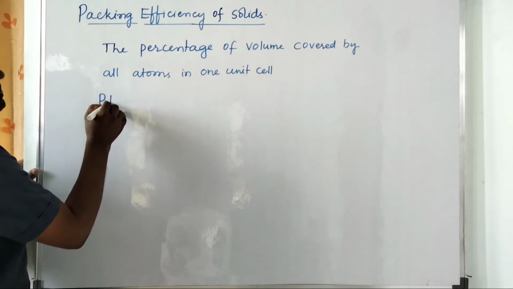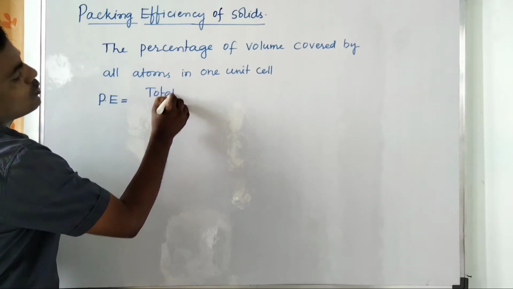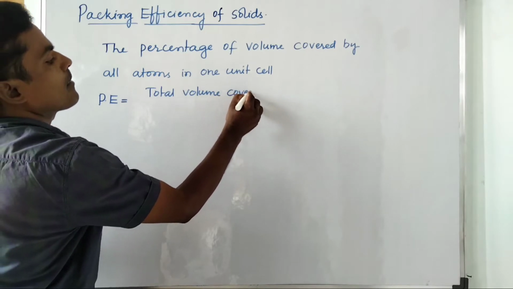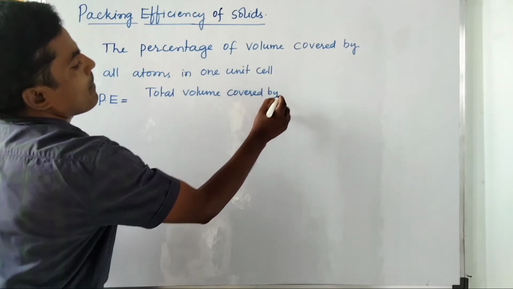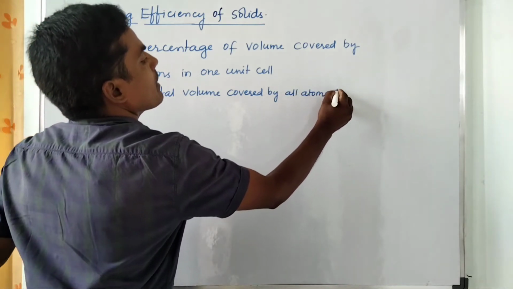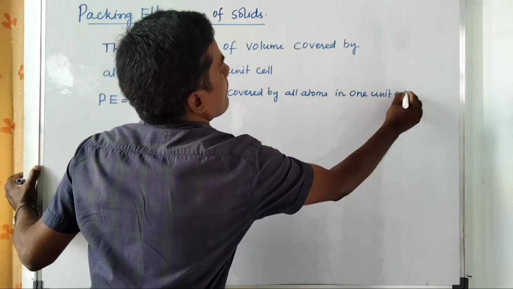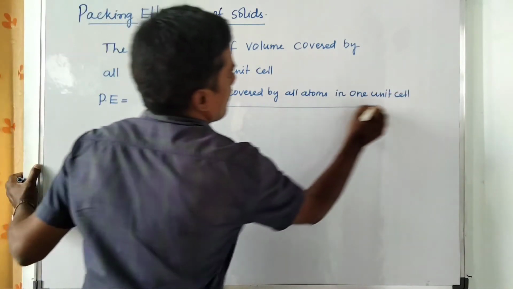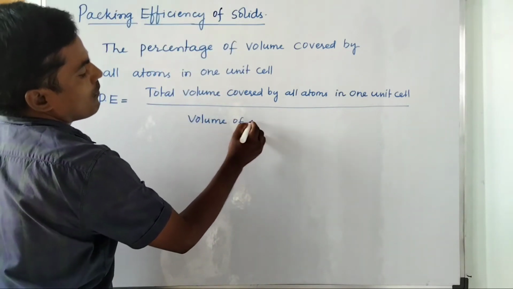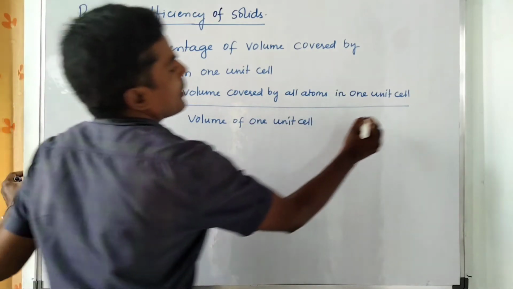Okay, so packing efficiency can be written as total volume covered by all atoms in one unit cell upon volume of one unit cell into 100.